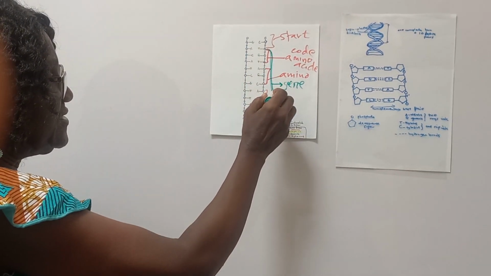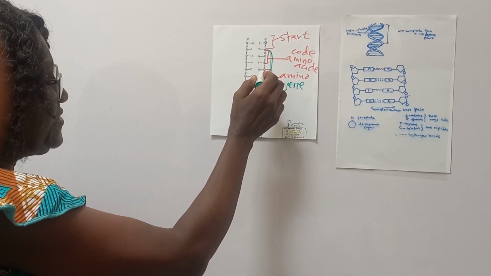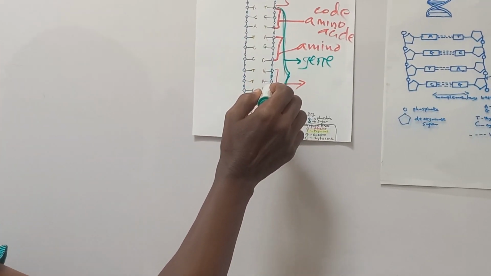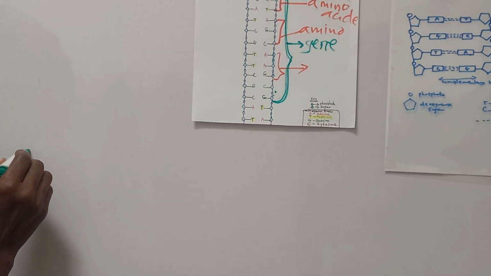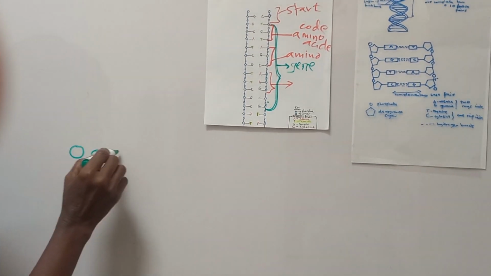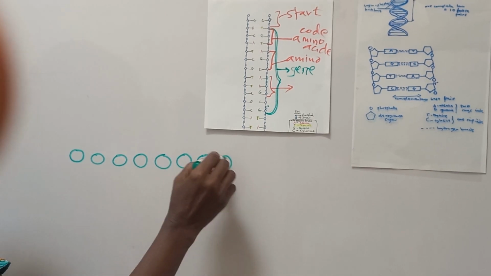So that is the gene, a sequence of bases that carries the genetic information to determine the formation of a polypeptide. And a polypeptide is a chain of amino acids.